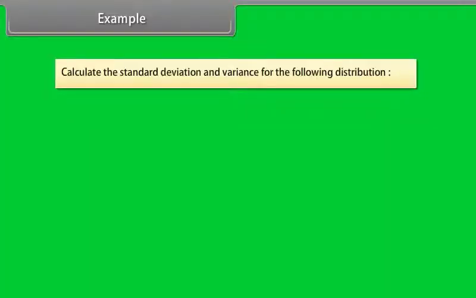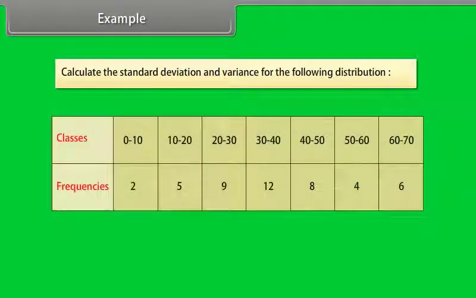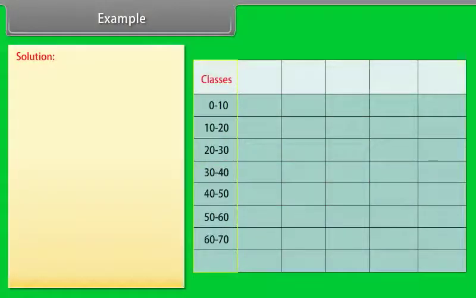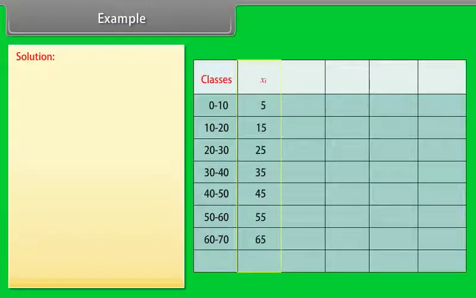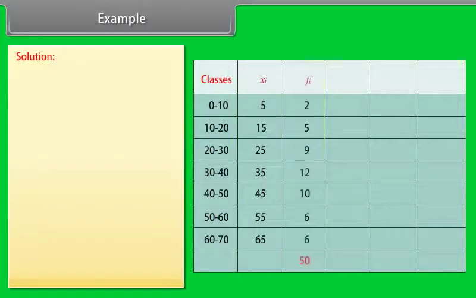Let's see how to find the standard deviation and variance for continuous frequency distribution. Solution: in the first column, we have written the classes as given. In the second column, we find the mid-values for each of the classes as xi. In the third column, we write the given frequencies and their sum is found to be 50.